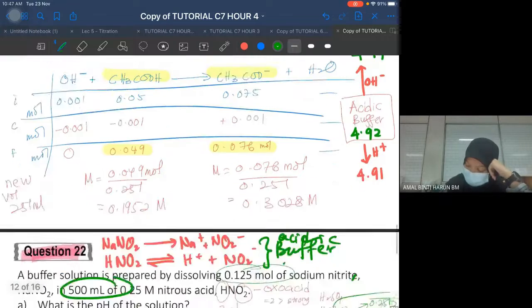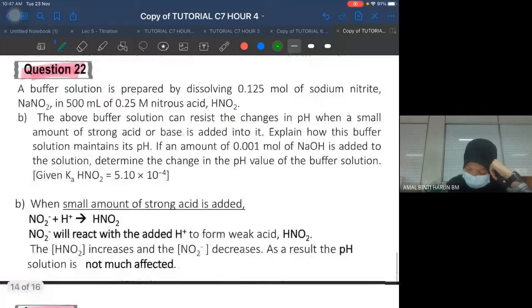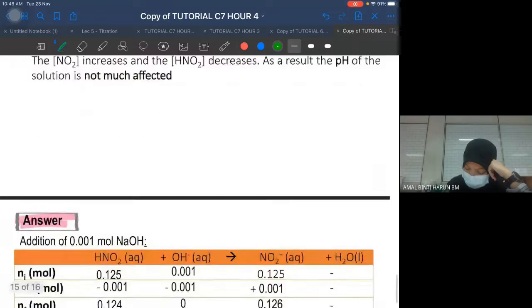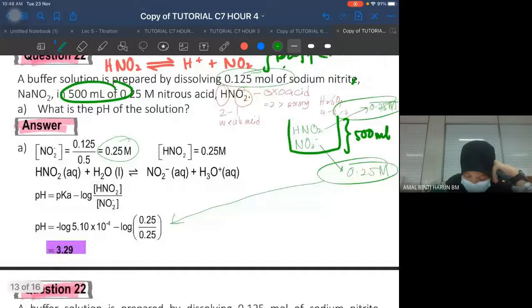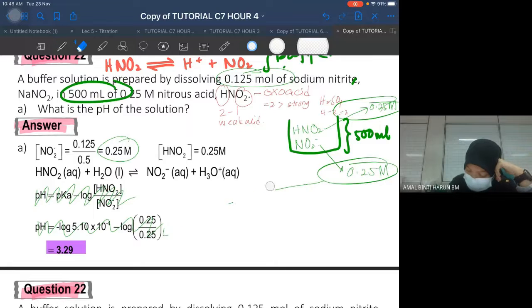Okay, then kita masuk, dah ada concentration tu, dari mana? pH sama dengan negative log Ka. Tekan calculator betul tak? pH sama dengan negative log Ka dia berapa?